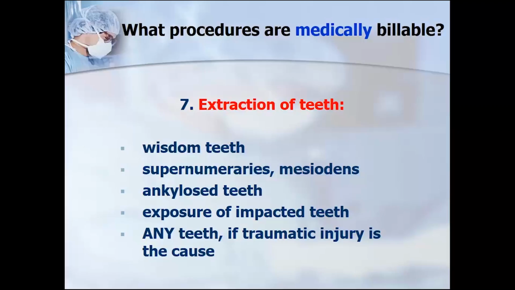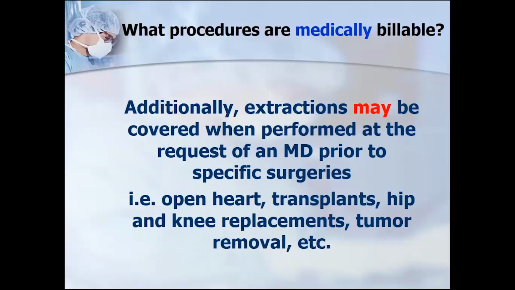Seventh category, extraction of teeth. When are extractions covered? Wisdom tooth extractions of impacted teeth, supernumeraries or mesiodens, ankylosed teeth, exposure of impacted teeth such as impacted canines in the palate, and the extraction of any teeth if traumatic injury is the cause.